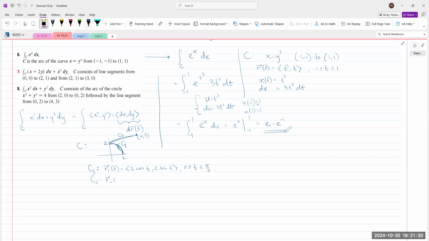I will just use t, but I hope you don't confuse the t in the first curve and the t in the second curve.